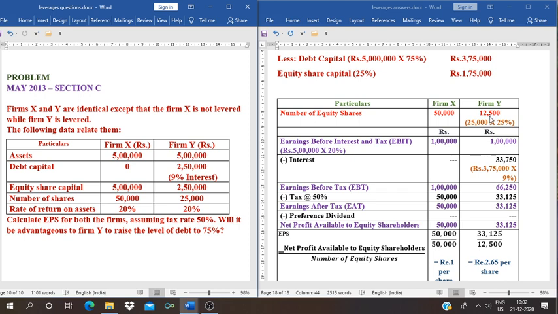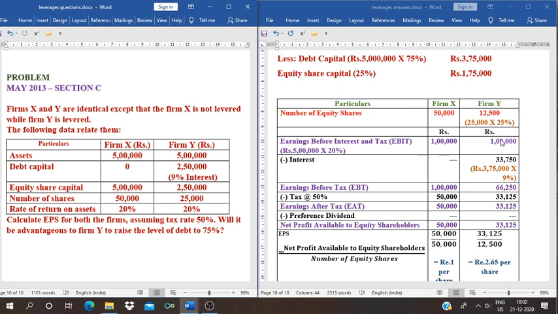Or you can calculate the face value of the equity shares, then you can take the 25%. Here it is easy, you can go like this only, that is number of shares is 25,000 into 25%. Then EBIT, that is what is the total capital? 5 lakhs into 20%, 1 lakh.